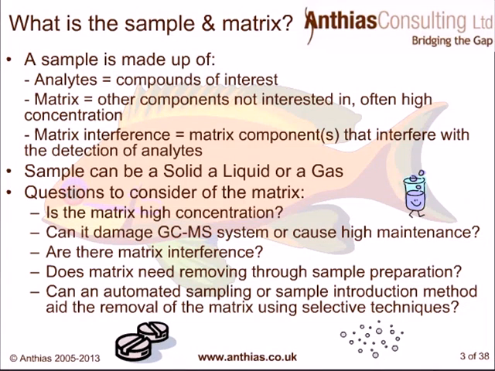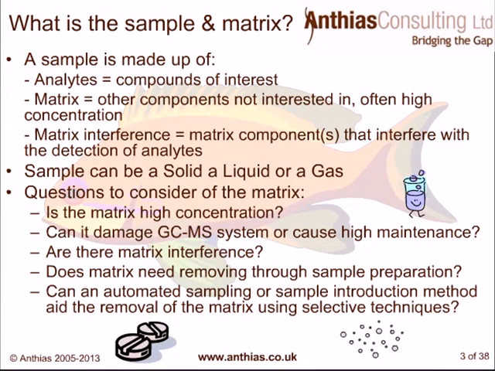Does our matrix require removing through sample preparation, or could we ignore our matrix by using specific detectors, or by thinking about selectivity at each stage of the whole sample analysis? So, selectivity both in the sample introduction, then separation through your analytical column, and again, selectivity at your detector. Or do we need to do some sample preparation?